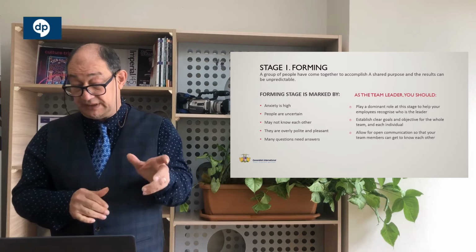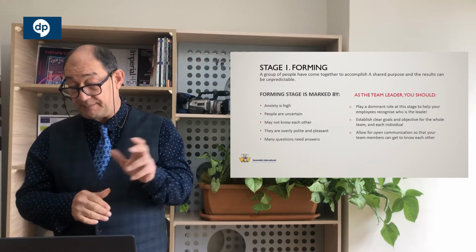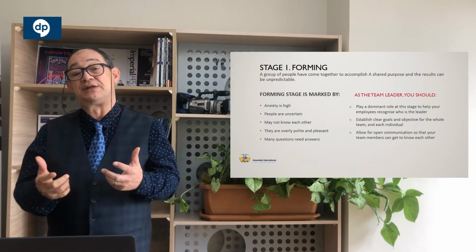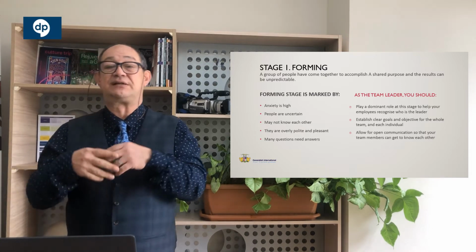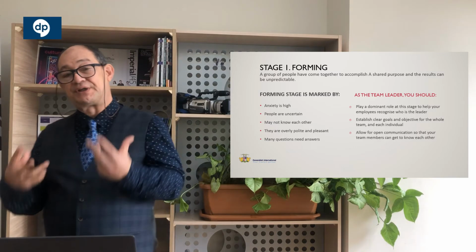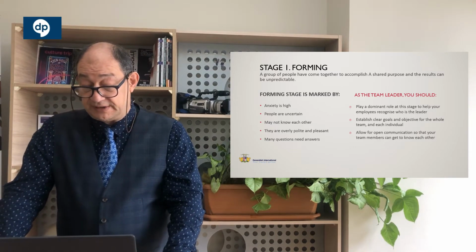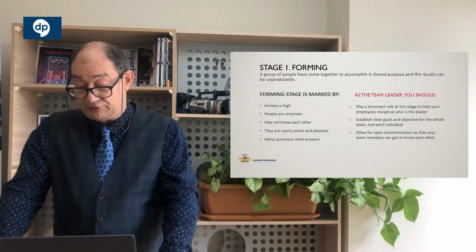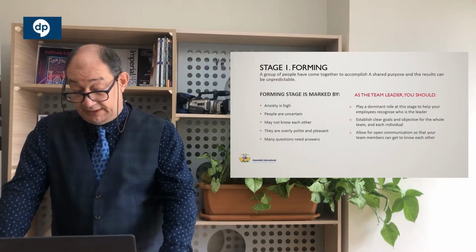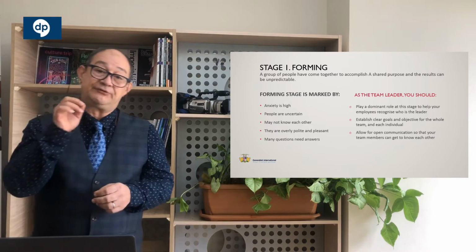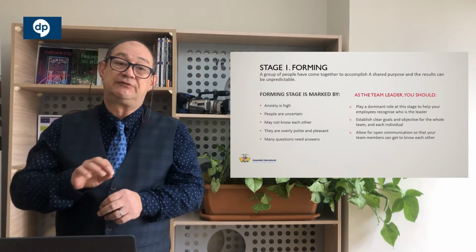So what the leader should pay attention to, they should play a dominant role at this stage. They are setting the rules, the rules of communication. What are my tasks? Giving people their roles. In effect, you have to really be a big leader here. Establishing clear goals and objectives for the whole team and each individual is very important.